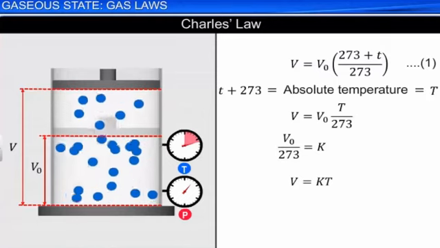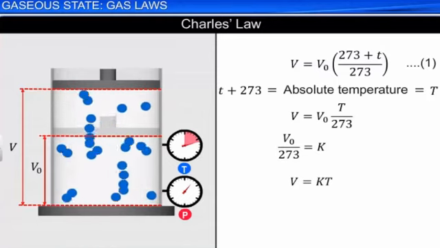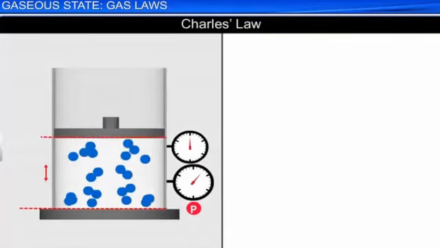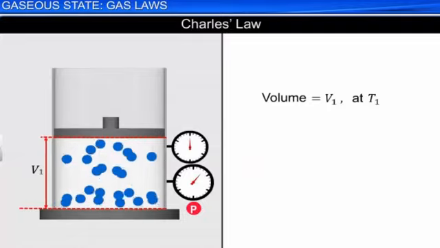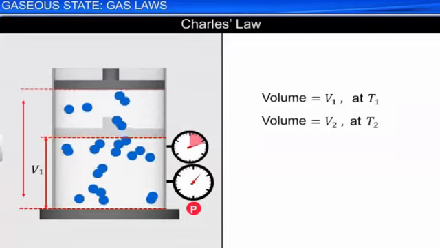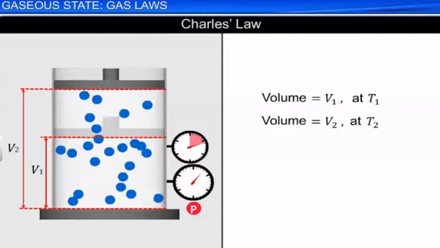If a given gas occupies volume V1 at T1 temperature and volume V2 at T2 temperature, then by Charles' law, V1 by T1 is equal to K constant, which is in turn equal to V2 by T2.